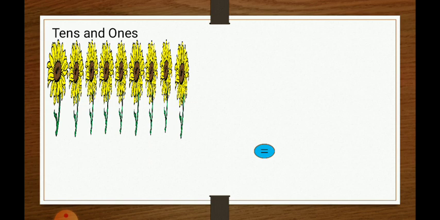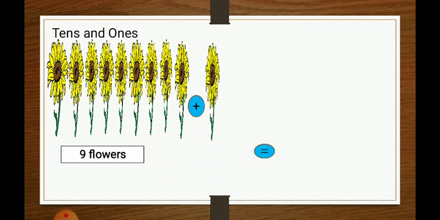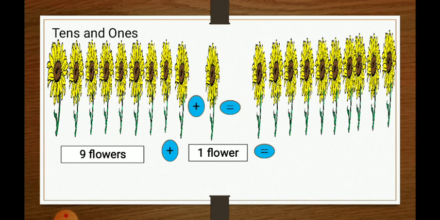But what will happen if we add one flower? 9 plus 1. So how many flowers will there be? See, count how many there are. 1, 2, 3, 4, 5, 6, 7, 8, 9 and 10.